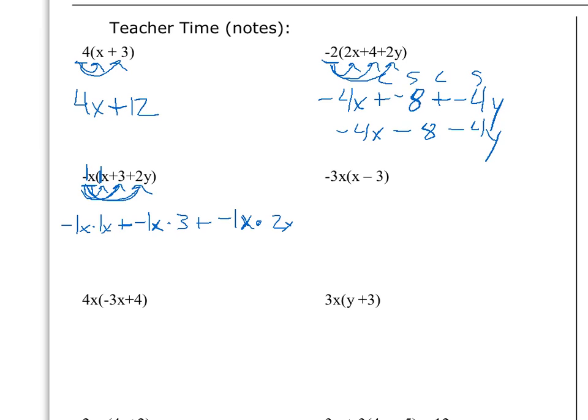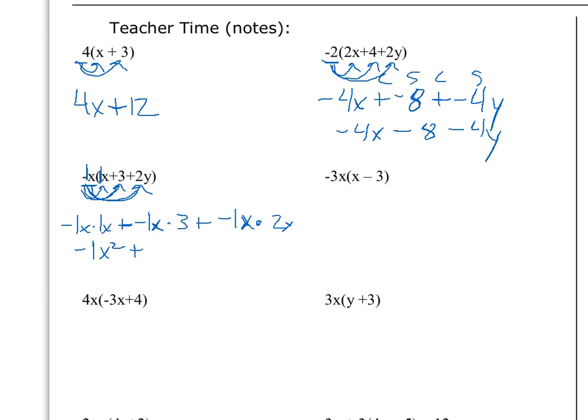Negative 1. X times x. How can I rewrite x times x? Not 2x. X squared. That's like 2 times 2 we can write as 2 squared. So this is negative 1 x squared because we have an x times an x.